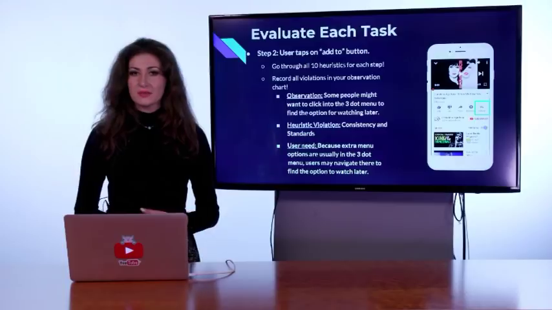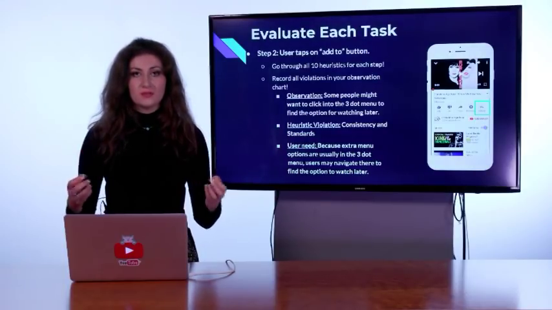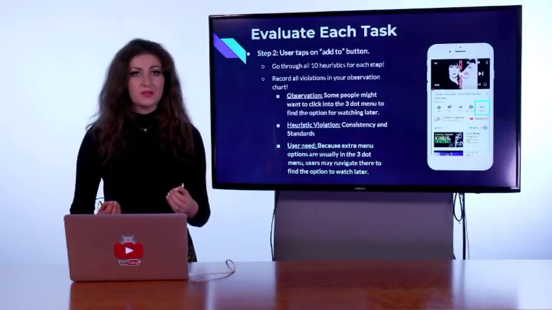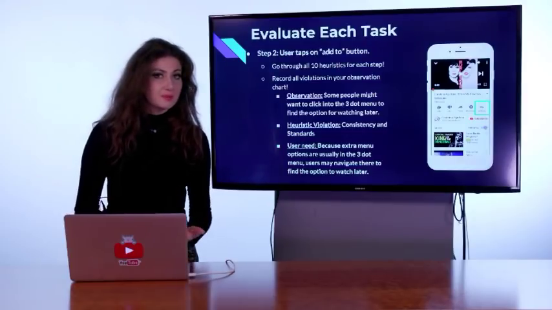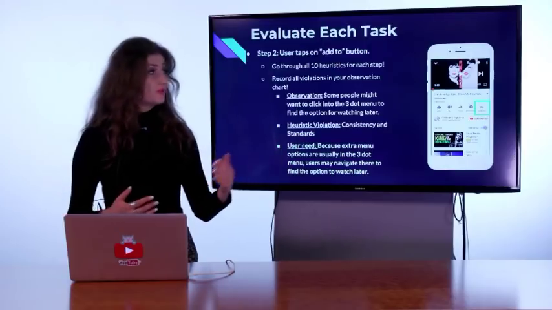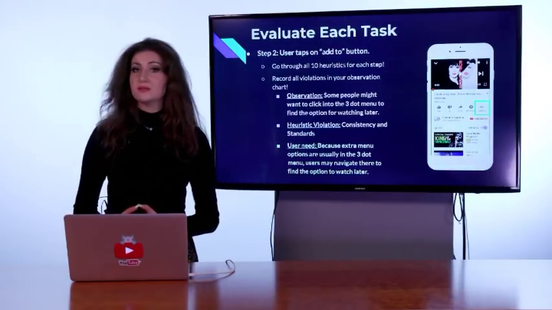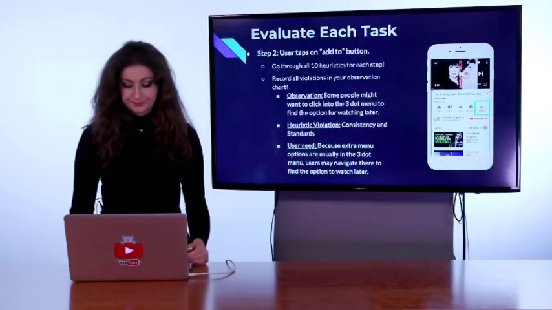So all of these things we need to take into consideration, and we want to find the ultimate and the perfect user flow and the easiest path for them to follow. We want to make sure that there are no other tap targets that they would logically tap into based on any particular expectations. It's very logical and likely that they would tap into the 3-dot menu instead of on Add To, especially if this Add To button was a new feature.